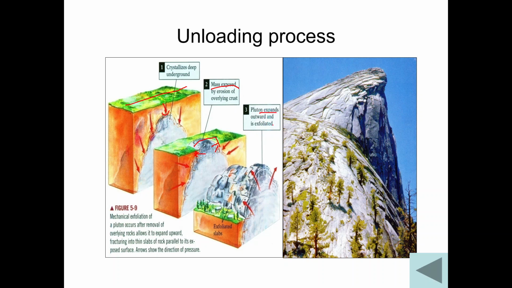This rock mass will expand upwards, and this expansion creates what is called exfoliation, like this. It's like onion skin, exactly like onion skin. So this will drop because of this expansion. Okay, expansion upwards, and then it creates slabs of rock parallel to the surface. Okay, this is parallel to the surface.